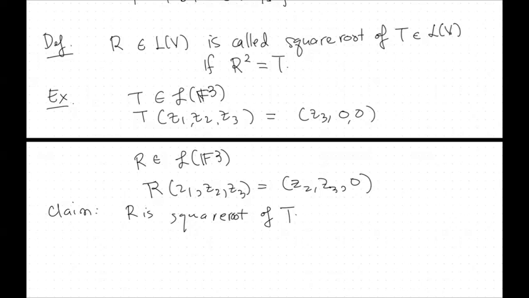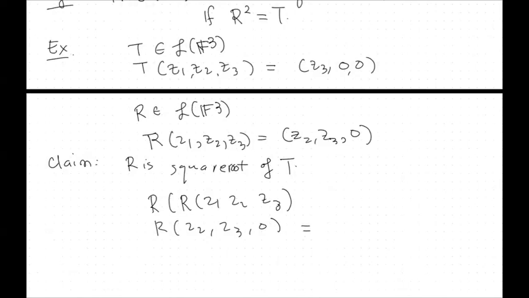Of course, if you apply R twice, R of z1, z2, z3 is just R of z2, z3, 0, and then this becomes z3, 0, 0.